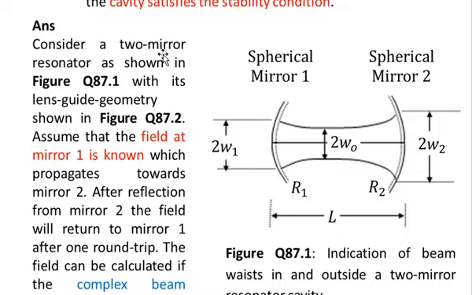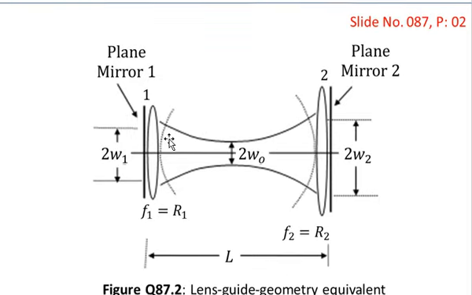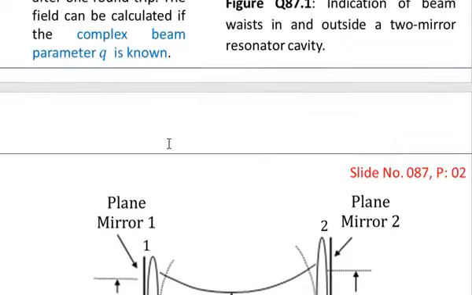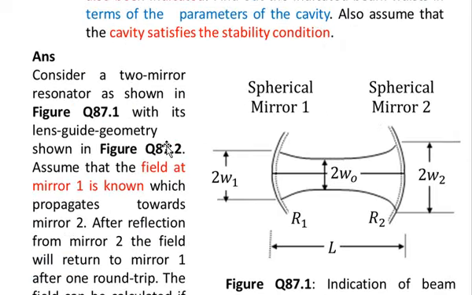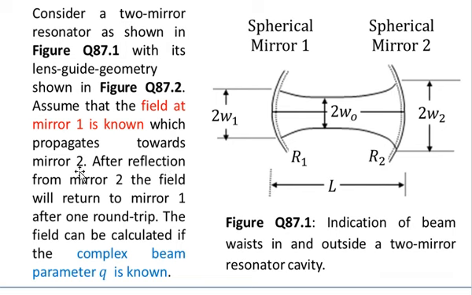Answer. Consider a two-mirror resonator as shown in figure 1 with its lens guide geometry shown in figure 2. The lens guide geometry equivalent to figure 1 is shown in figure 2. We shall be coming to this one in a minute. Assume that the field at mirror 1 is known, which propagates towards mirror 2.